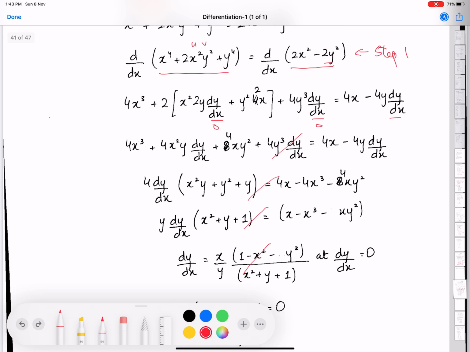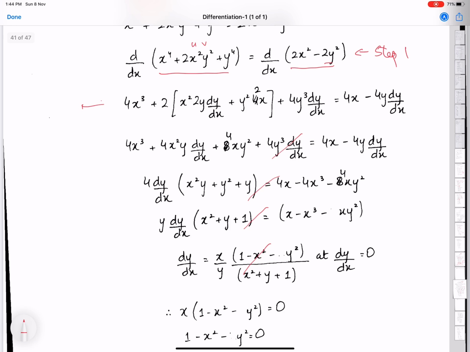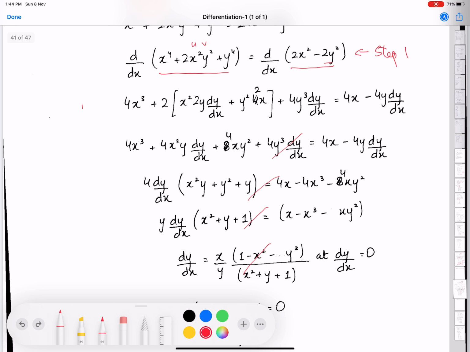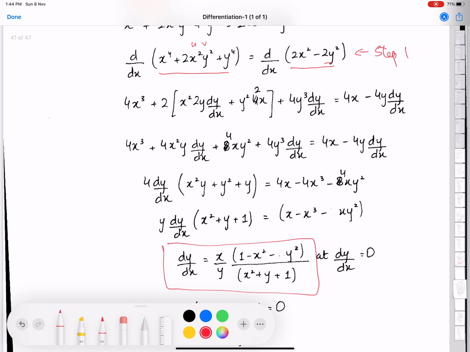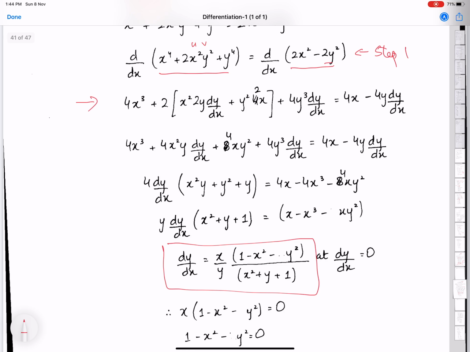So whenever the coordinates of a turning point are required, always equate your gradient to 0 over here to make the calculation simple, provided the expression of gradient is not required. If the expression of gradient is required, then you need to get this form. Since in this question this expression was not required, we could equate gradient to 0 here.